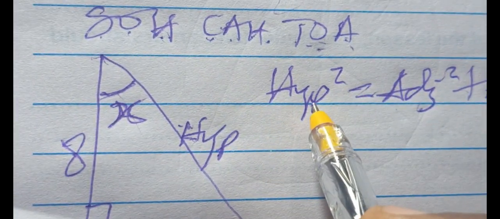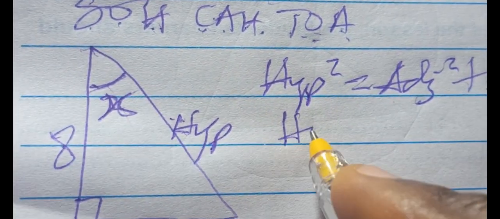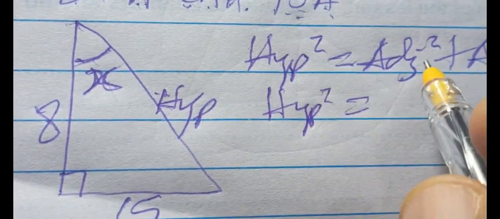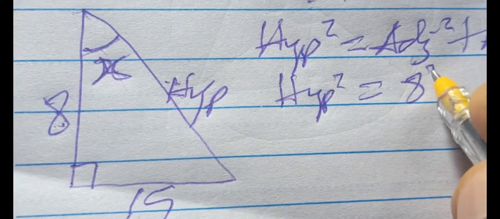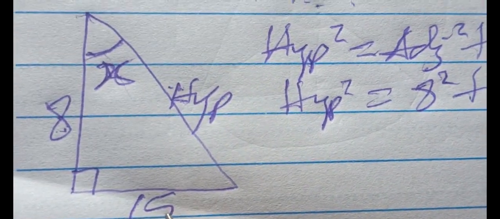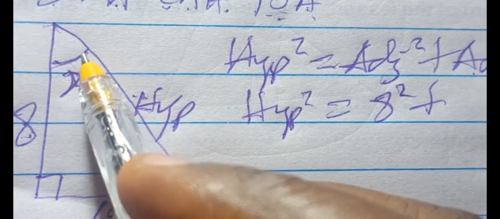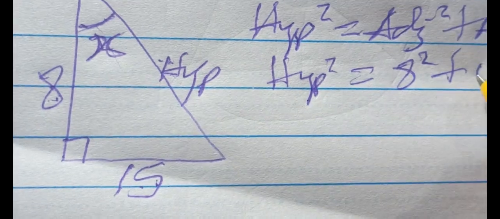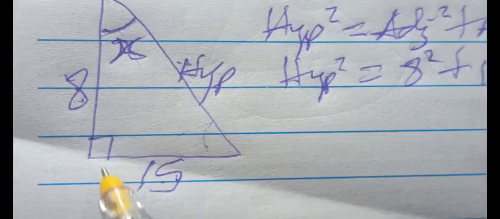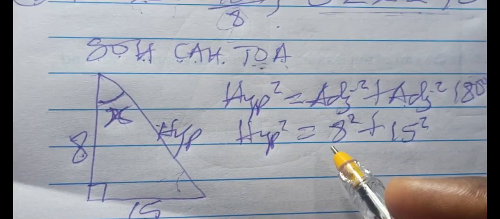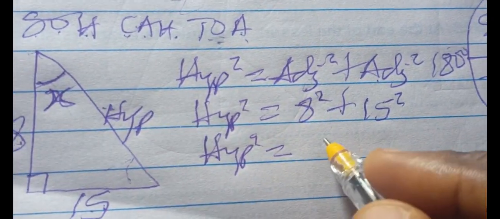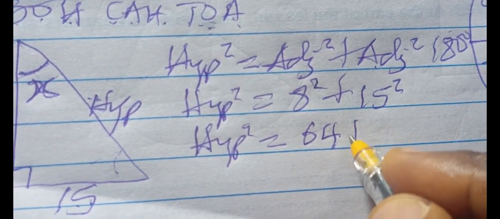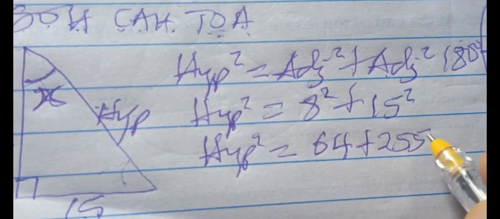It is the angle being here that makes this side the opposite, so we call it 15 squared. Hypotenuse squared will be equal to 64 plus 225.